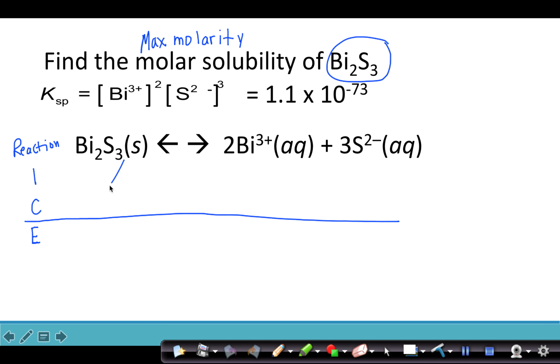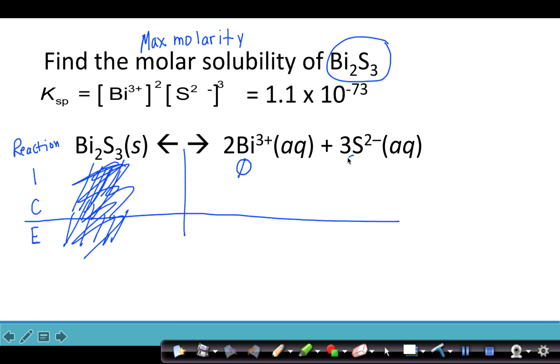So since this is a solid, it actually doesn't exist in our RICE chart. And since these start out before the substance dissolves as 0, that means that we're going to have to shift towards products, making this a plus 2x and this a plus 3x. Because remember, it's coefficient x, coefficient x.